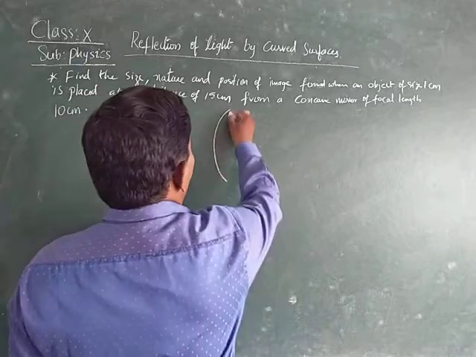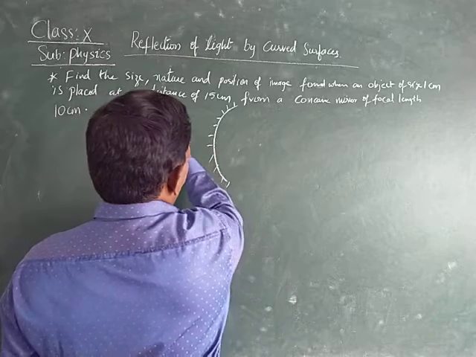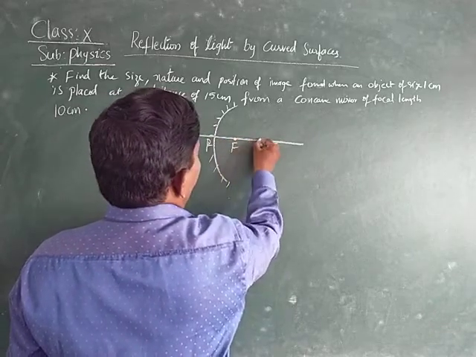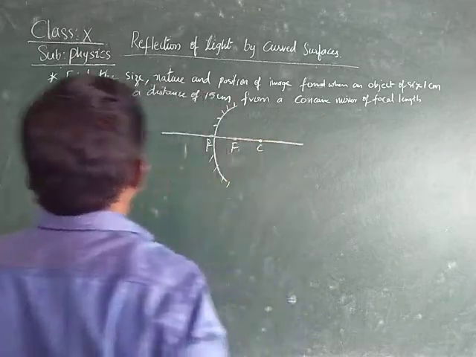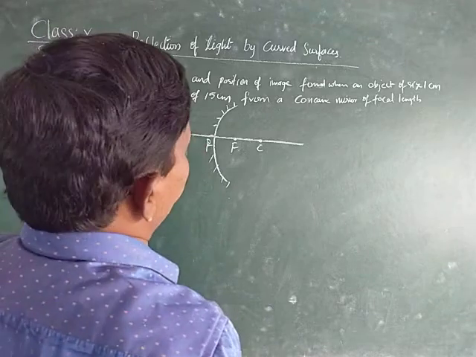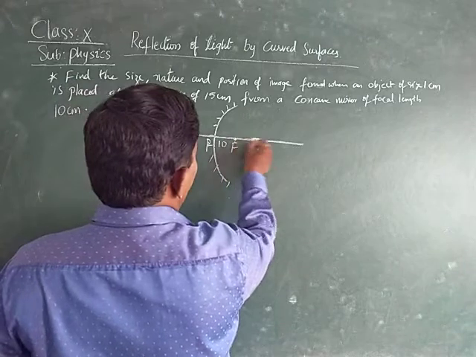Here it is the concave mirror. First we should take the focal length. What is the focal length here? 10 centimeter. From here to here, 10.